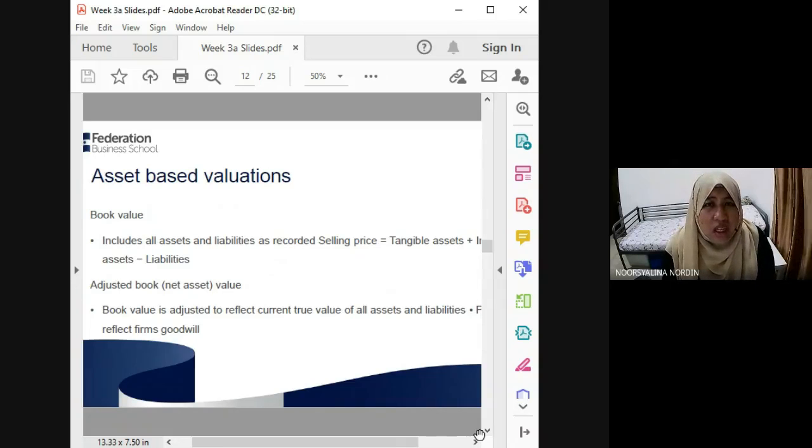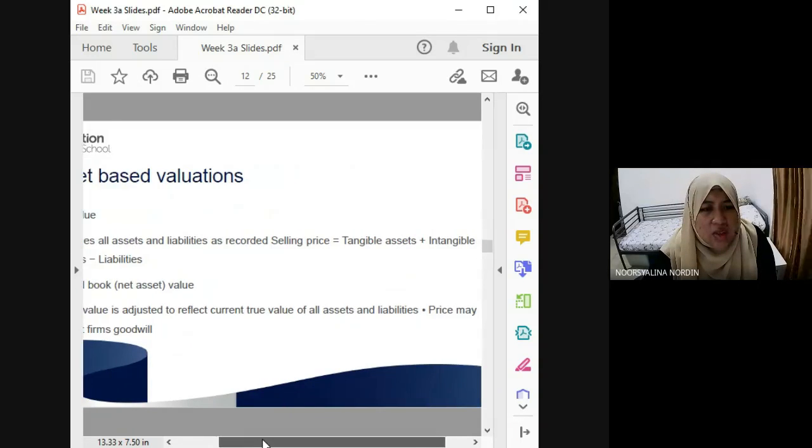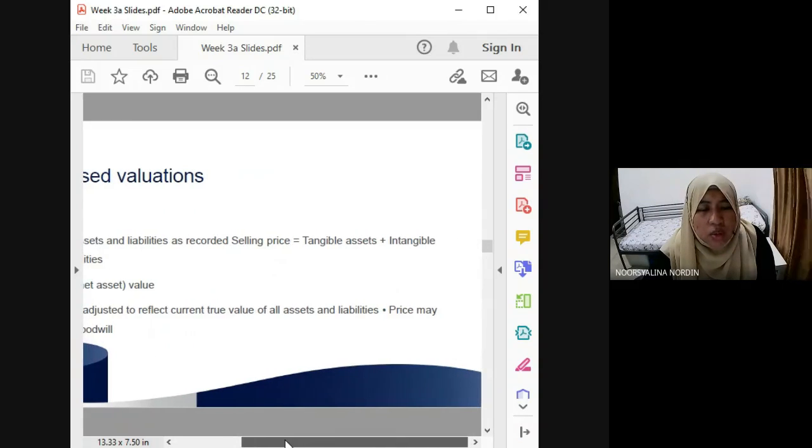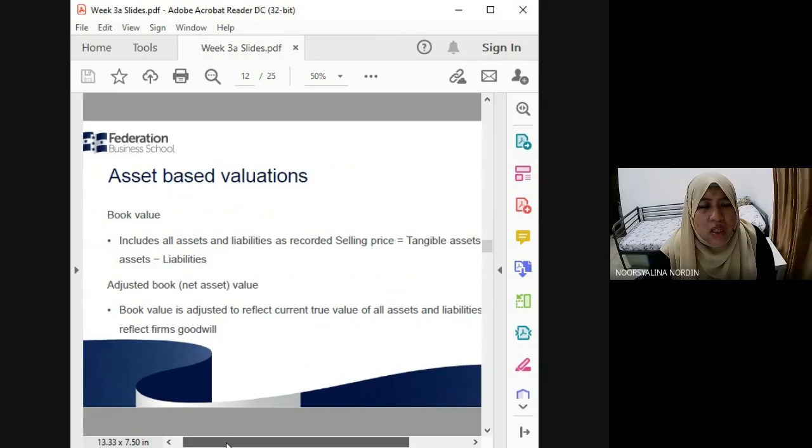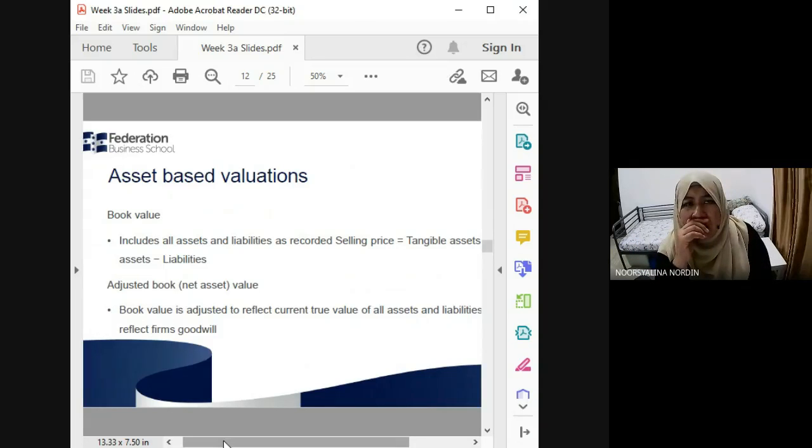It includes all the assets and liabilities as recorded: selling price equals tangible assets and intangible assets minus liabilities. This is the formula we find when calculating balance sheets, because from that you can know how much asset you can keep in your business.